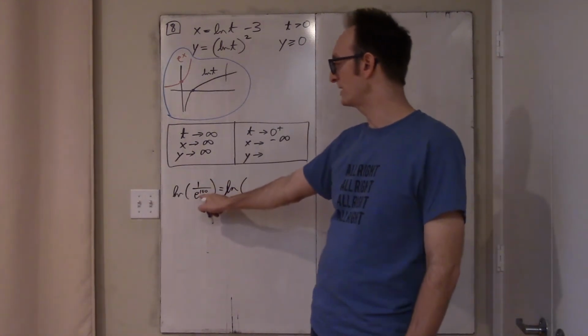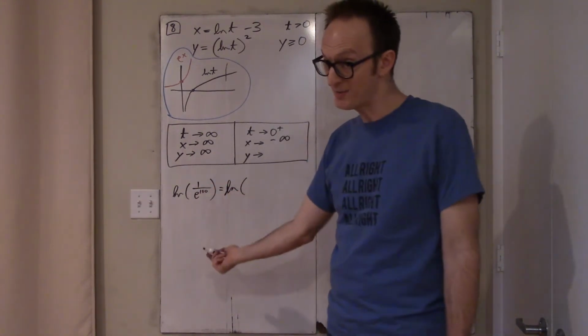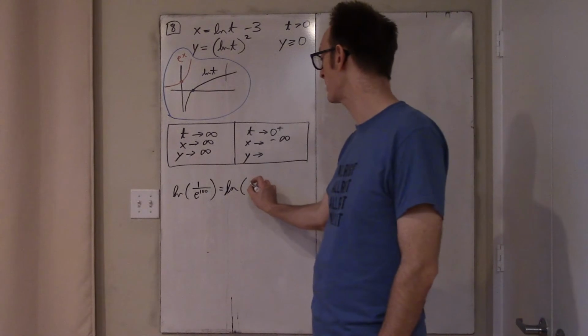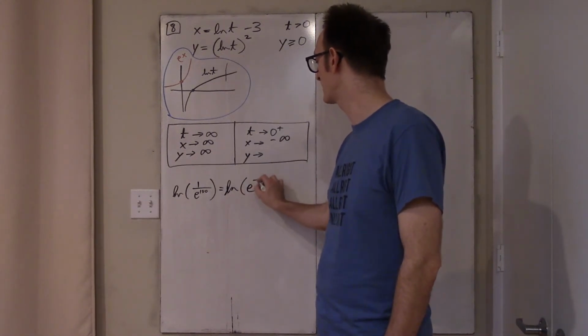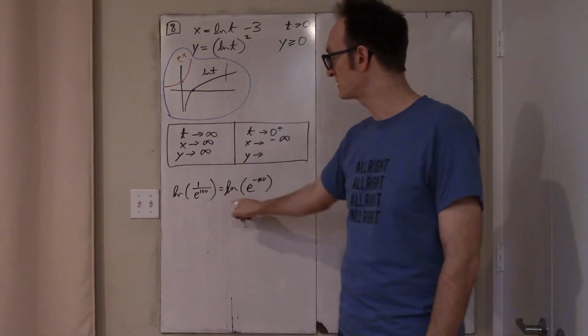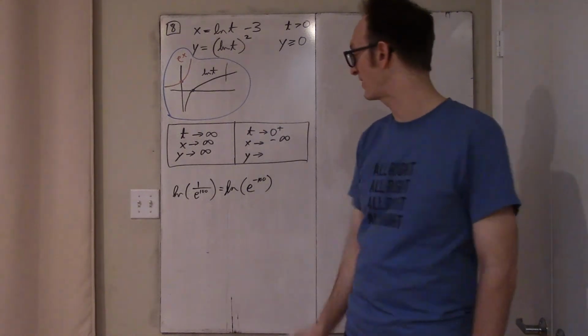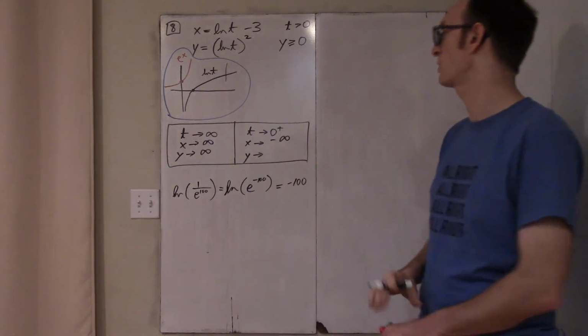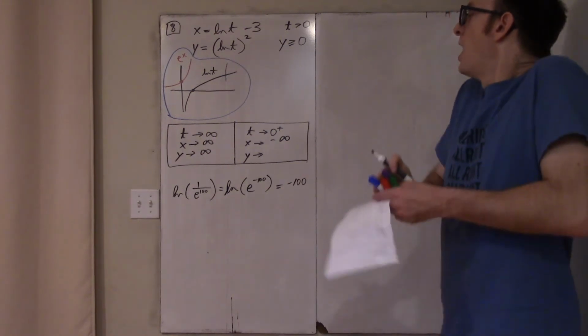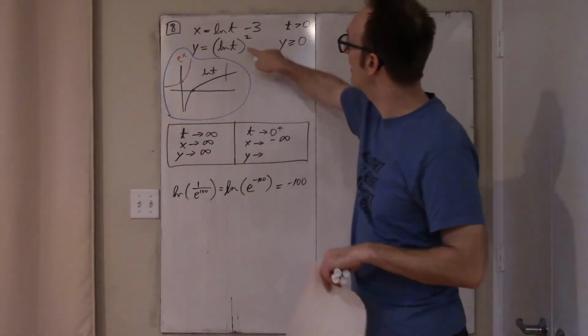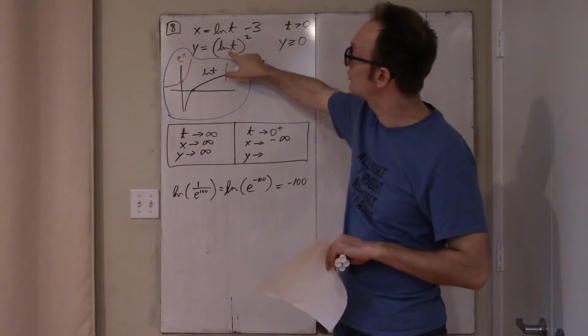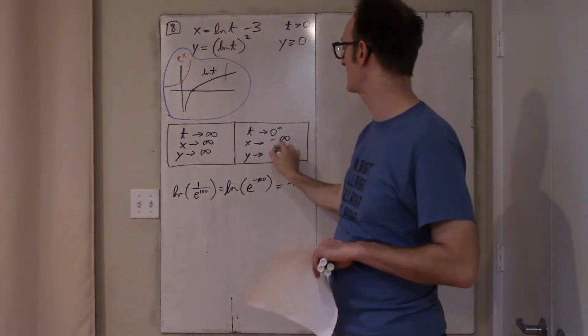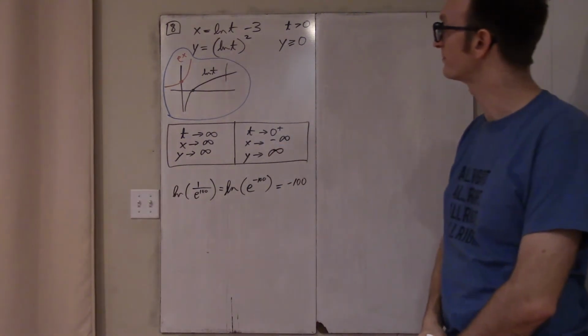What is 1 over e to the 100? On the one hand, it's a tiny, tiny positive number. On the other hand, we can write it as e to the negative 100. And the very definition of natural log is that it's the inverse of e. And so this is just negative 100. And so I think you see that this is going down to negative infinity. What about y? If this is outputting a huge negative, it's being squared, then we get a huge positive.